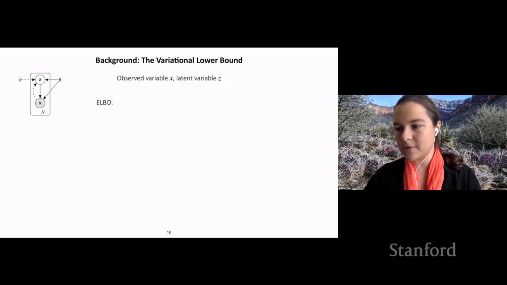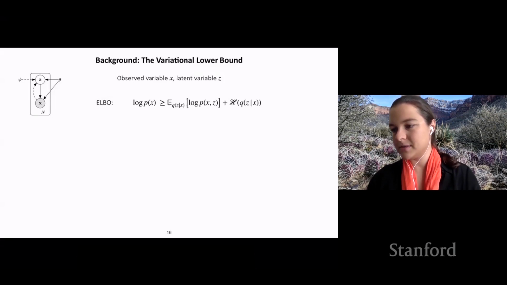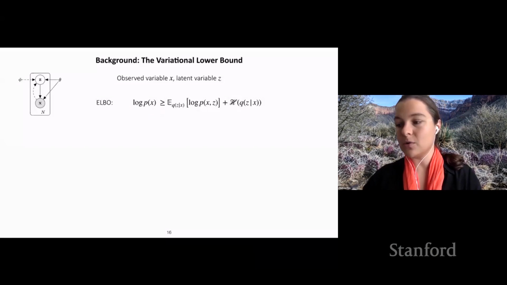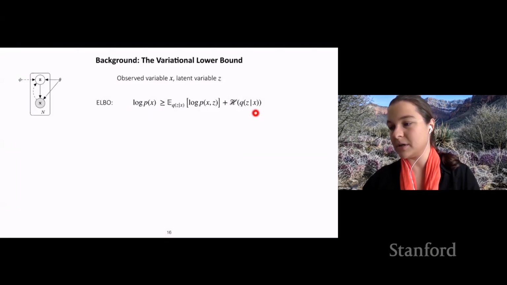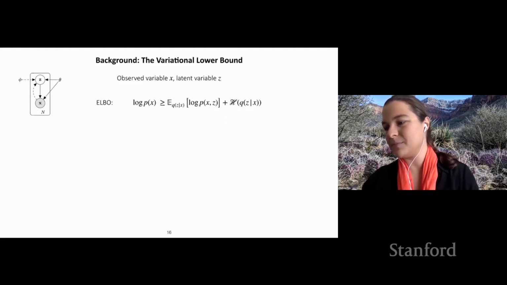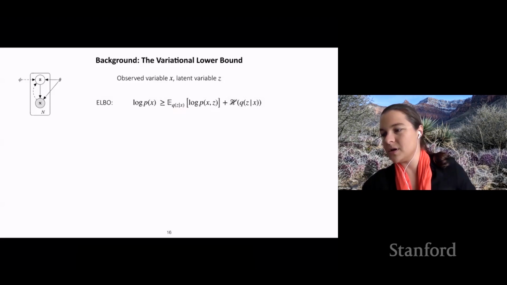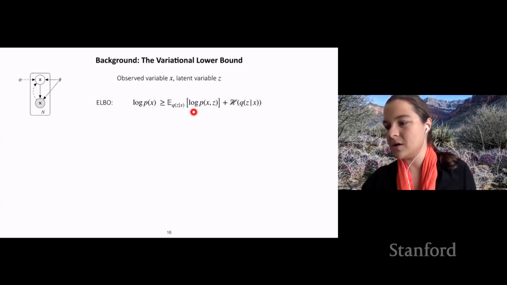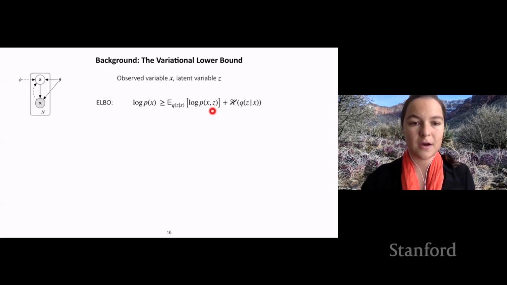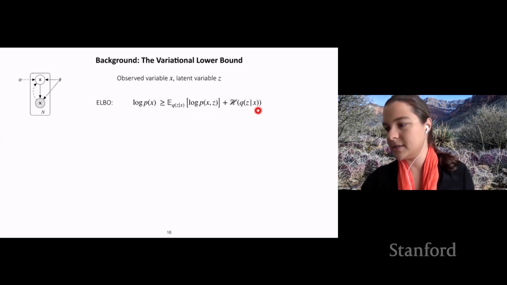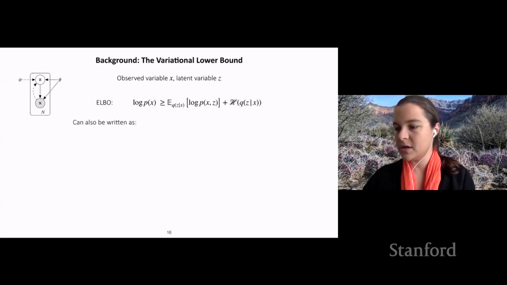And then essentially what variational inference gives us is the evidence lower bound that tells us that the likelihood of our data is lower bounded by this expression right here, which is an expectation over samples from this variational distribution Q of the log probability of the joint plus the entropy of our variational distribution.